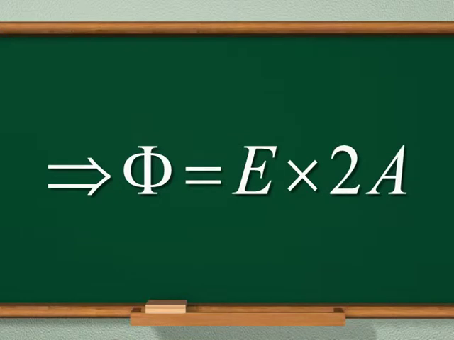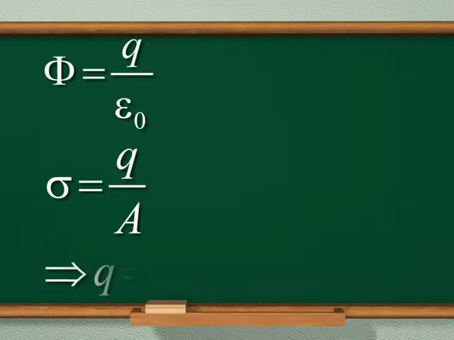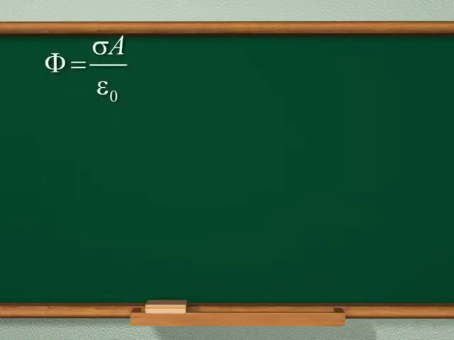According to Gauss theorem, we have capital Phi equal to Q by epsilon naught. The surface charge density sigma is equal to Q by A. That is, the charge enclosed by the Gaussian surface is Q equal to sigma into A. Therefore, capital Phi is equal to sigma into A by epsilon naught.